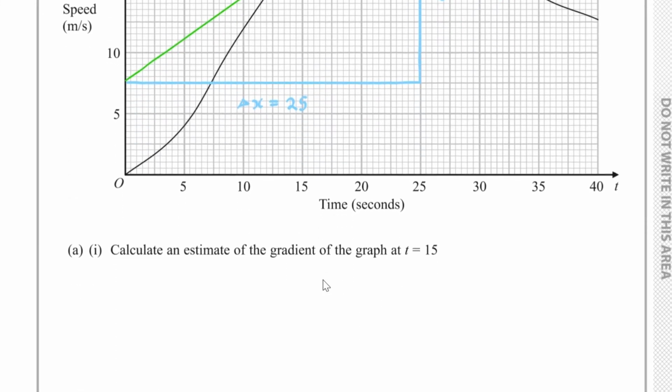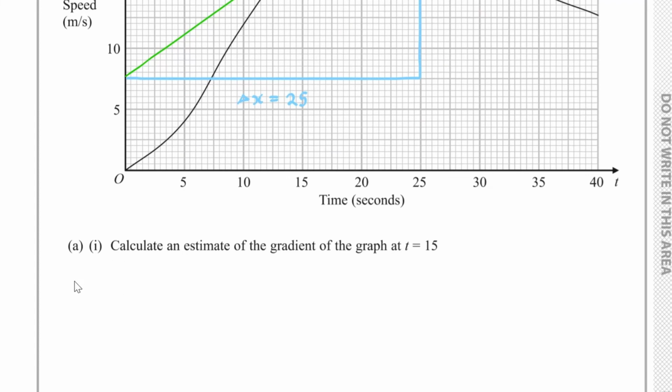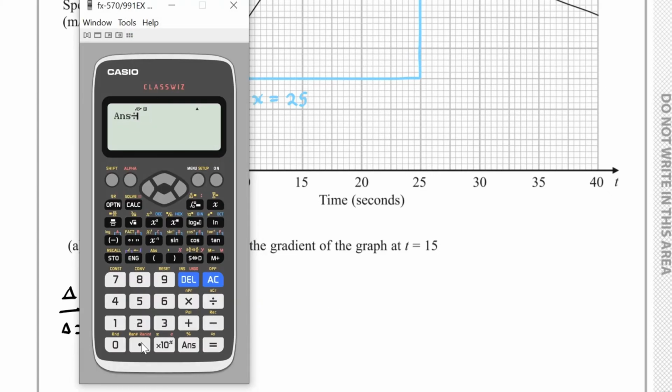So therefore the gradient, that's given by the change in y over the change in x. So here we have 17.5 divided by 25. So if I work this out, 17.5 divided by 25, that's equal to 0.7.